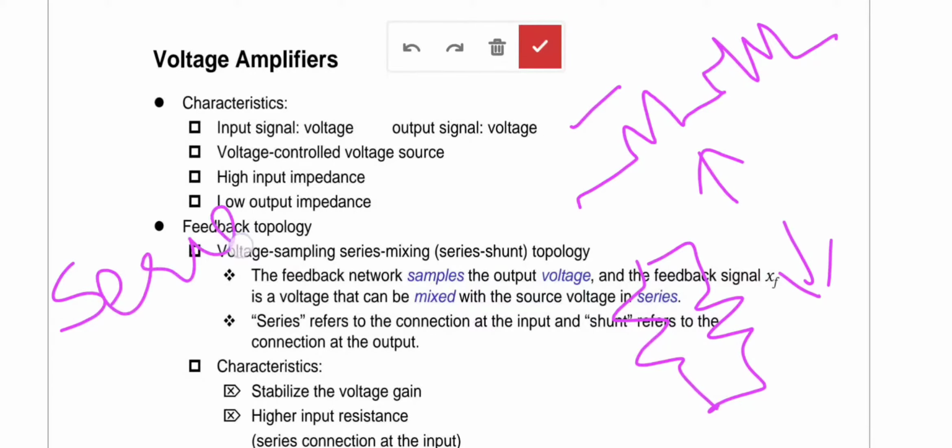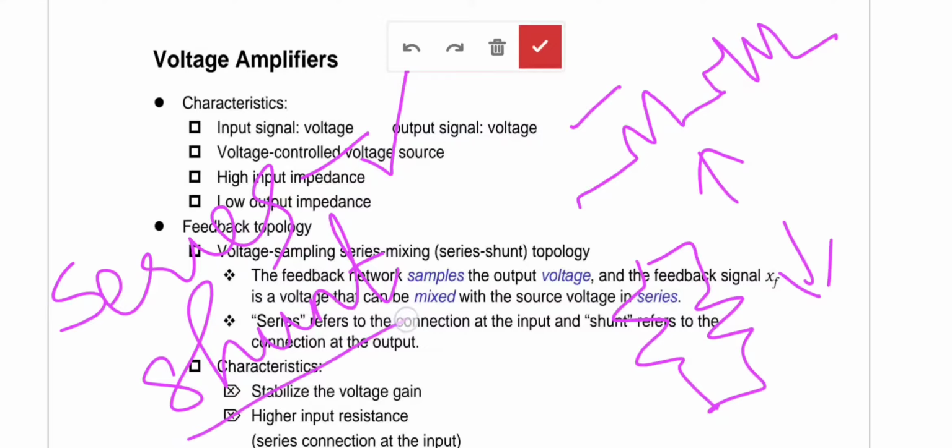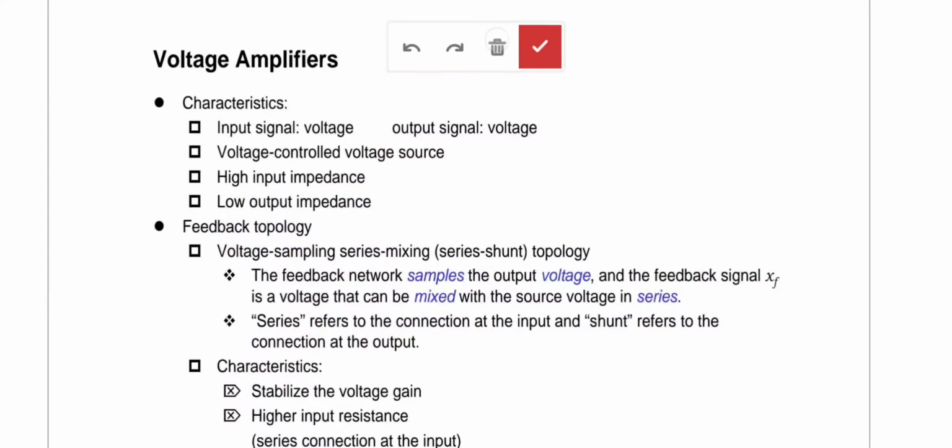Series shunt topology. That means at the input it is series connection, so input resistance increases. Output is shunt connection, so parallel connection, resistance decreases. So we can tell for a voltage amplifier, input impedance is very high, output impedance is low. The feedback topology here is voltage sampling series mixing.